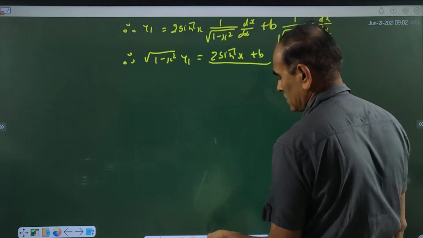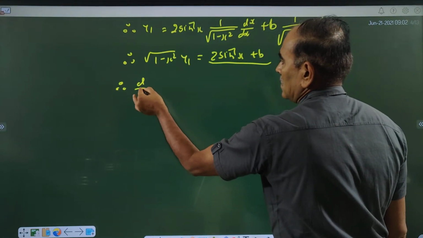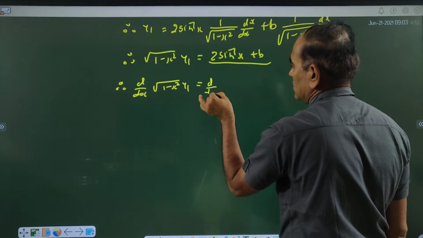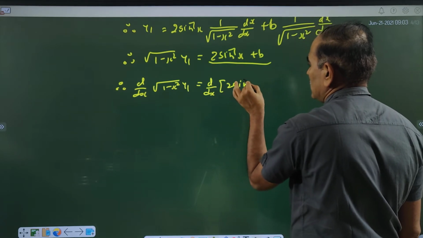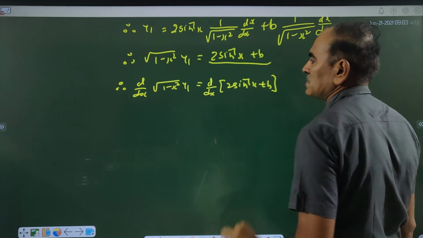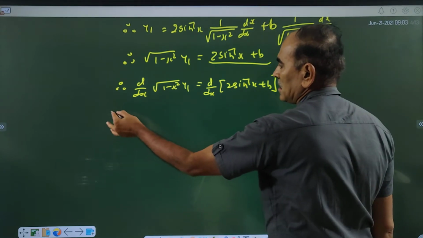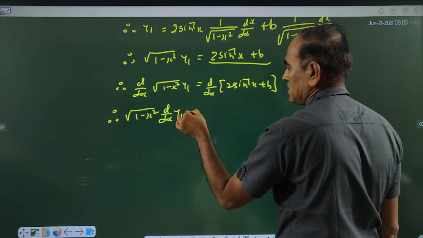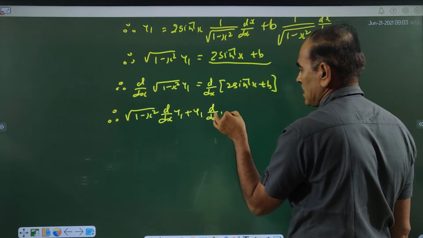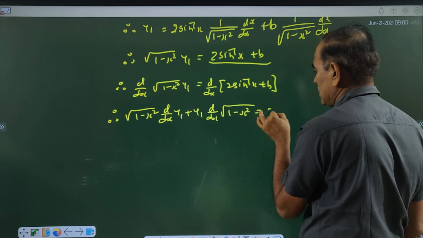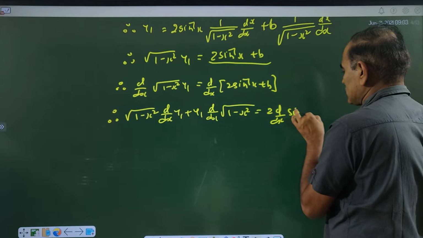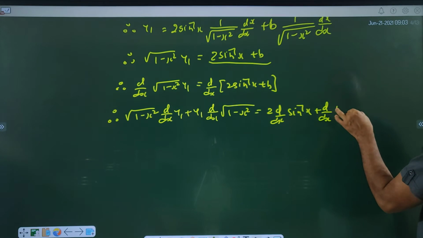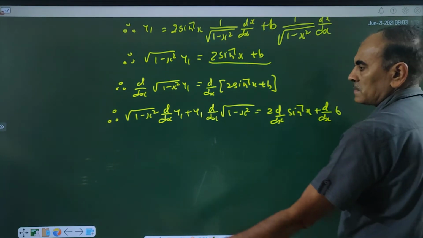And therefore, d by dx of under root 1 minus x square y1 is equal to d by dx of 2 sin inverse x plus b, plus d by dx of the constant term. We can put it as 0 also.